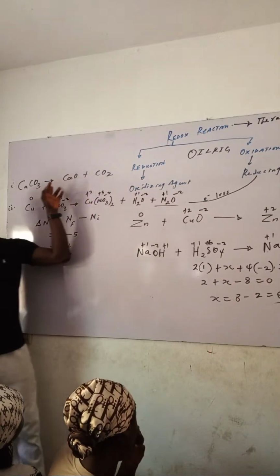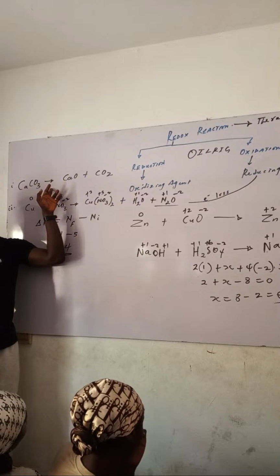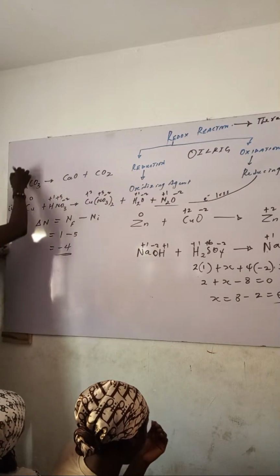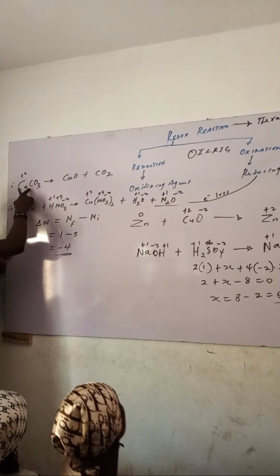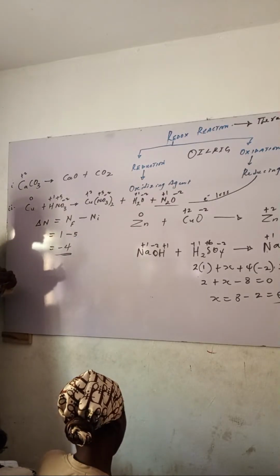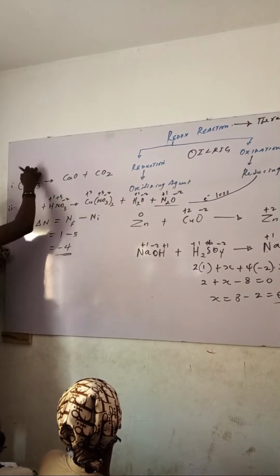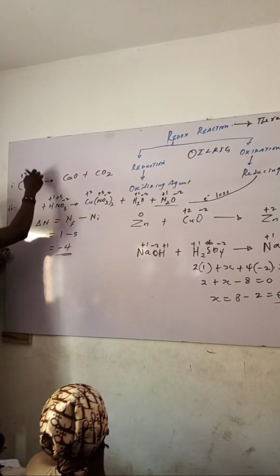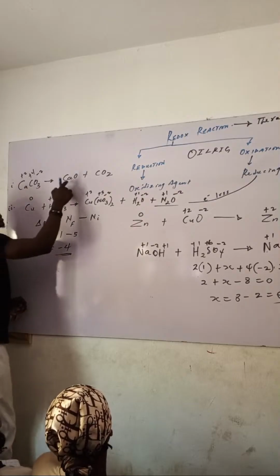So is this a redox? The first one? This is plus 2, abi? What's this one? What's carbon? Plus 4. Abi, what's this one?